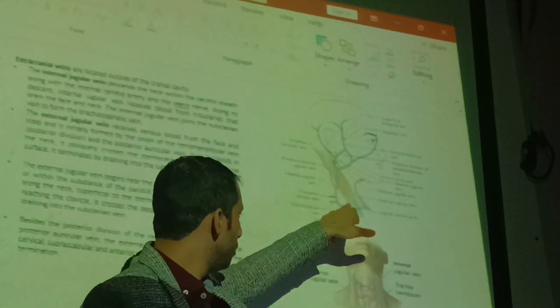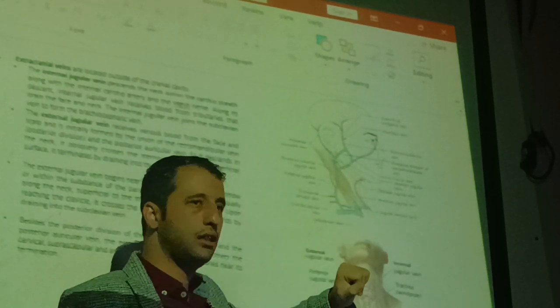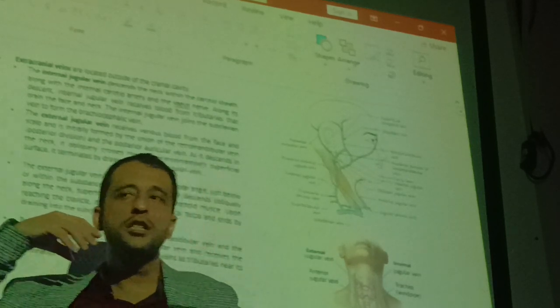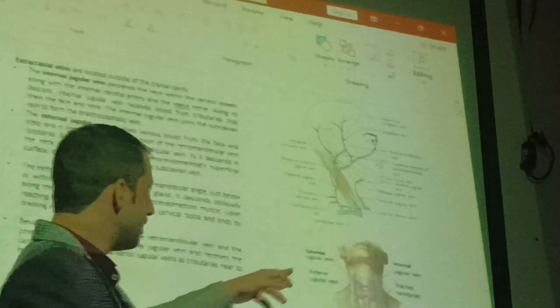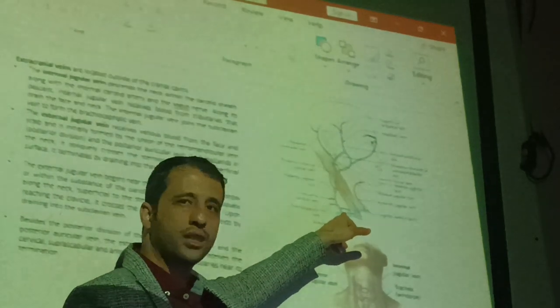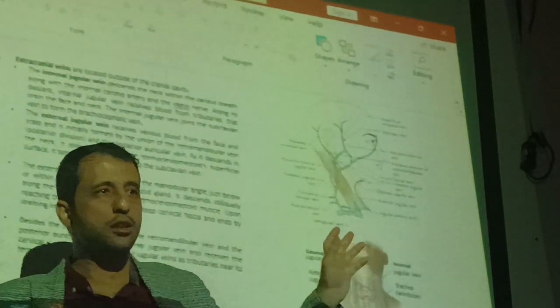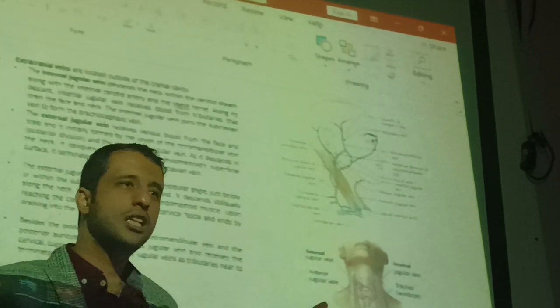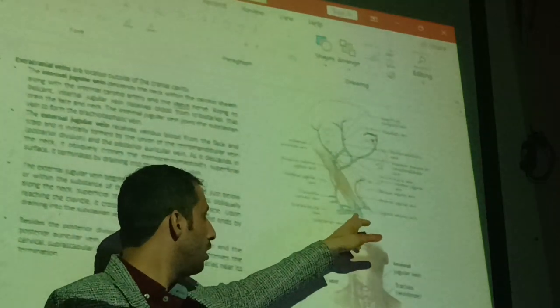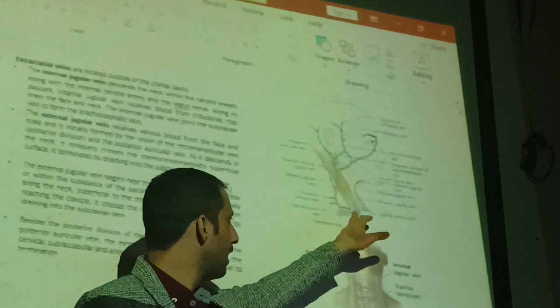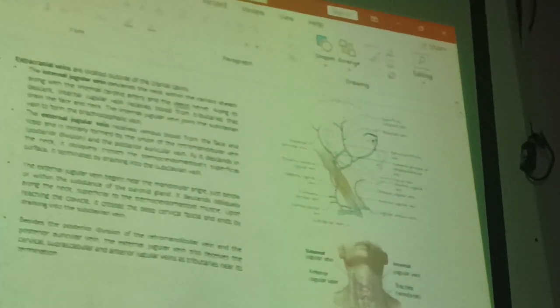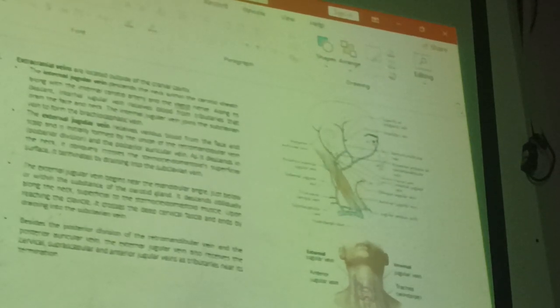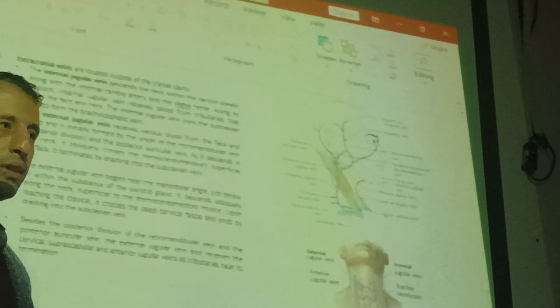When it arrives at the supraclavicular triangle, it pierces the investing layer of deep fascia and then inserts into the subclavian vein, or sometimes into the junction of the subclavian vein and internal jugular vein. That is the route of the external jugular vein.